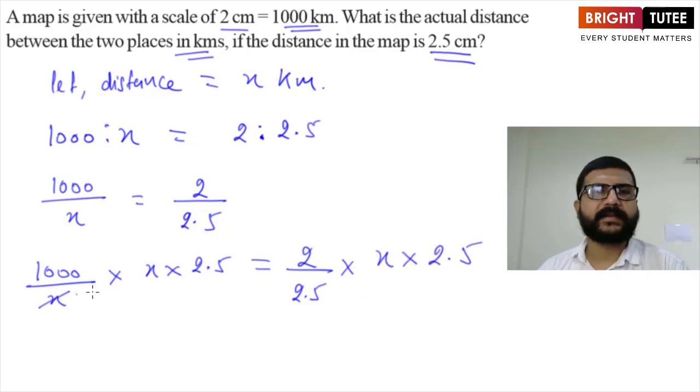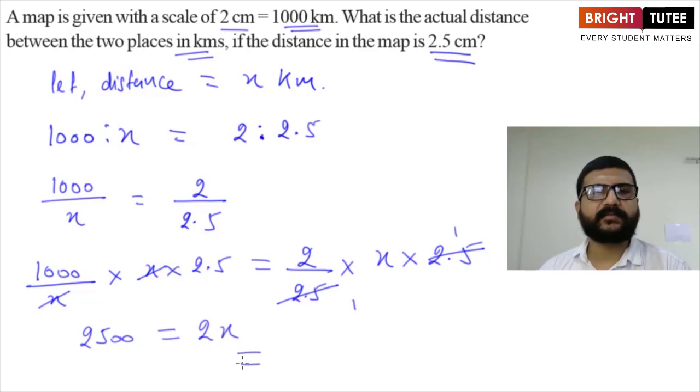Now from here we can cancel this x with this one, and 2.5 is also cancelled from here. Now what we are having, 1000 into 2.5. Now this will be equal to 2500, and this is equal to 2 into x, which is 2x.